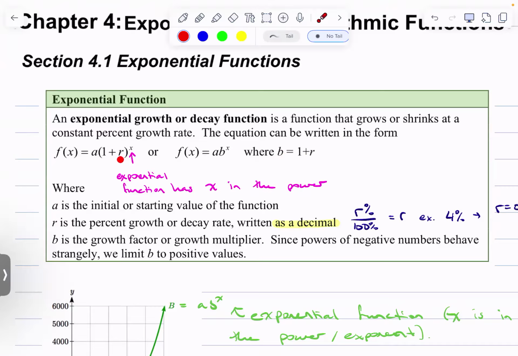That's going to determine which one of these equations to use, okay? So if you're given the rate explicitly, then of course using 1 plus r is a nice base. But if you don't have the rate, then using b is going to be a little bit nicer, okay? And so we'll see examples of both, but usually we tend to use a times b to the x, okay, as kind of our default. Okay? But b is just 1 plus r. Okay?